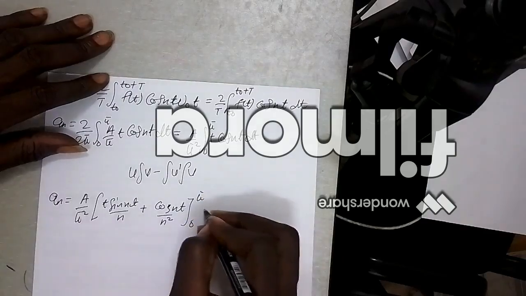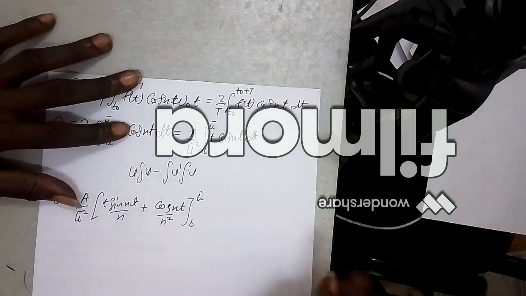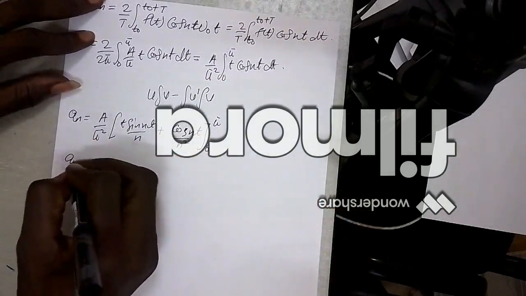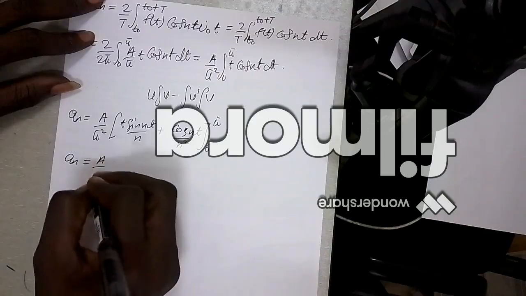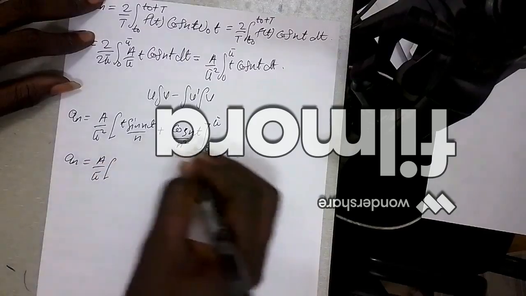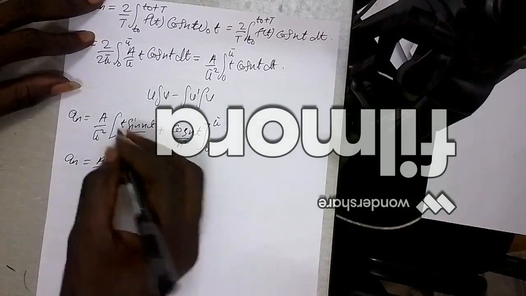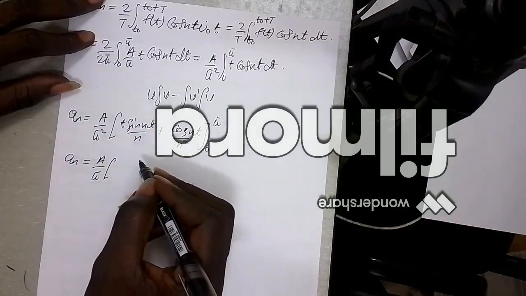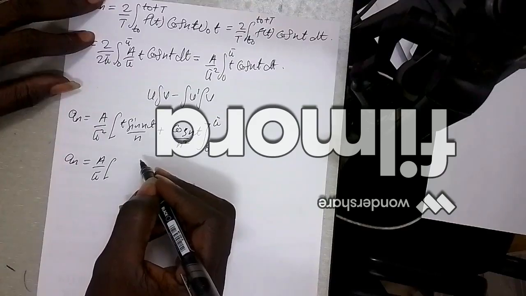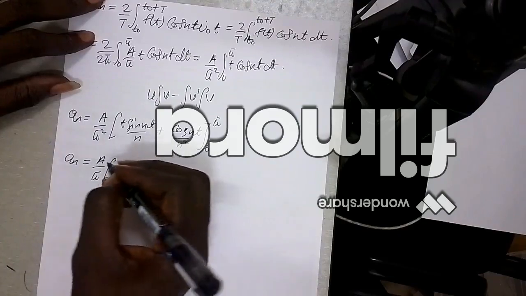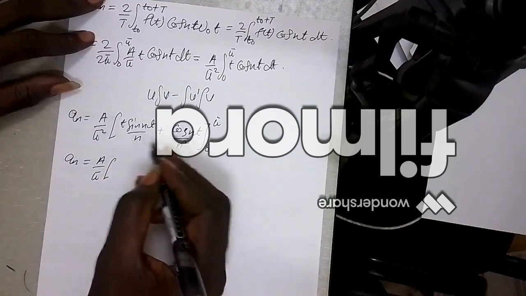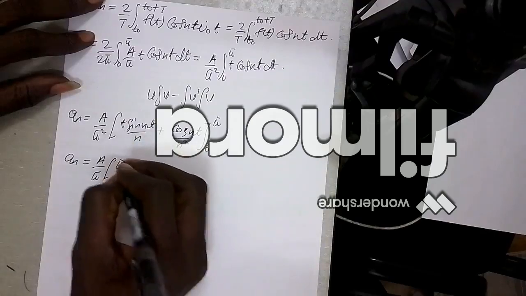If I introduce my limits, I'll have a over pi, with t and pi out.